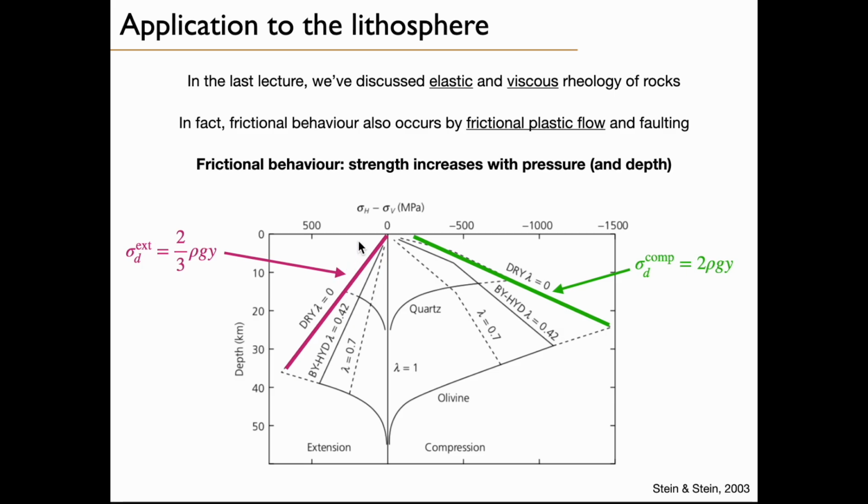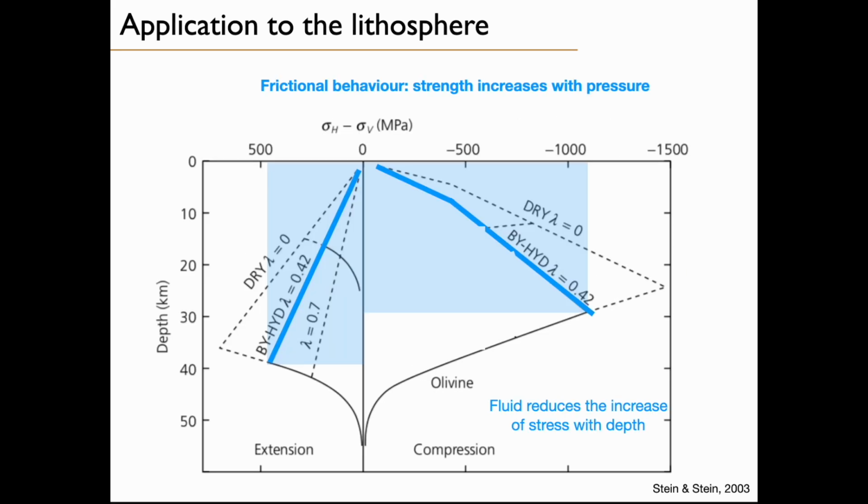So it's 2/3 of rho g y. That is this line here. In compression, you have a green line, and for this, the equation is different. It's 2 times rho g y. So we have two states of stress for compression and one for extension.